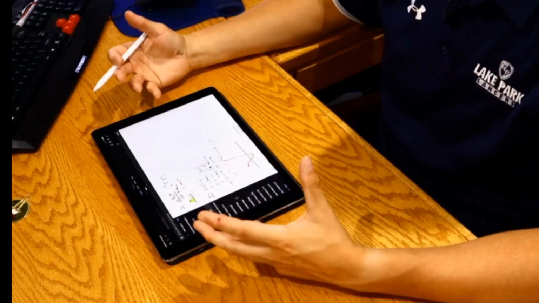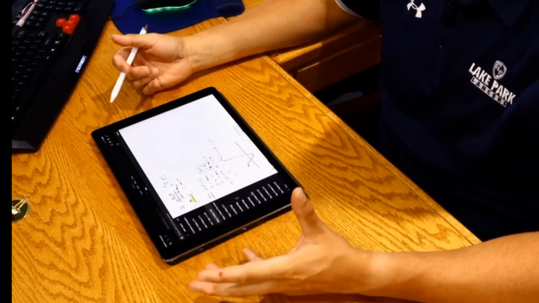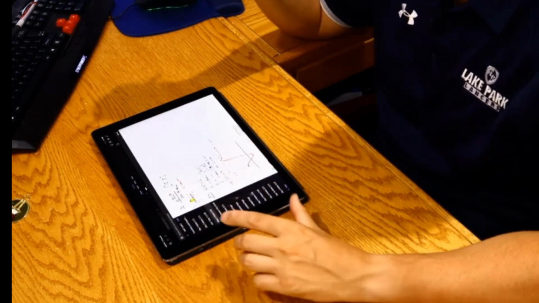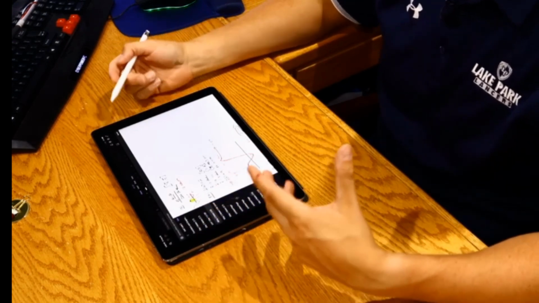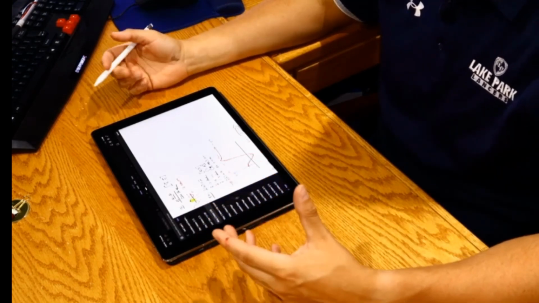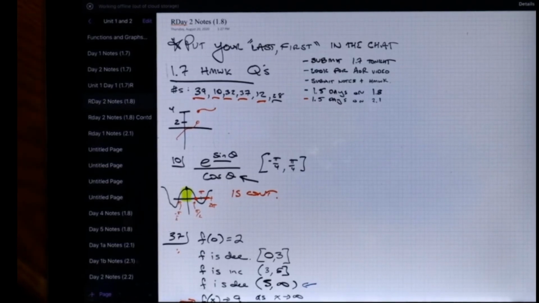So right now, what you see is how I actually teach. I actually have an overhead shot of my iPad when I'm teaching, and it's going to look something like this. So this is what the students see when I am presenting a lesson. What I do is I actually record everything via my OneNote, and it's all on my iPad.